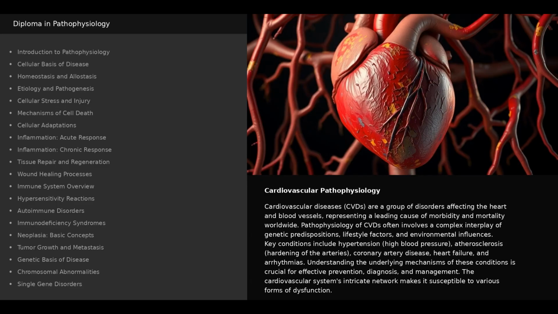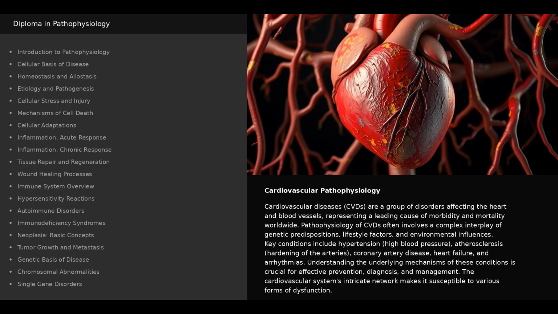Cardiovascular pathophysiology. Cardiovascular diseases, CVDs, are a group of disorders affecting the heart and blood vessels, representing a leading cause of morbidity and mortality worldwide. Pathophysiology of CVDs often involves a complex interplay of genetic predispositions, lifestyle factors, and environmental influences.